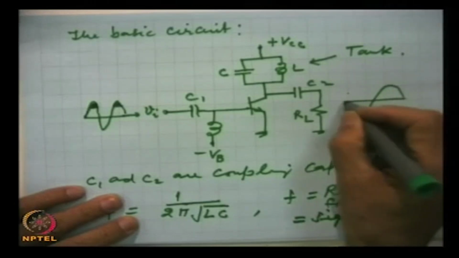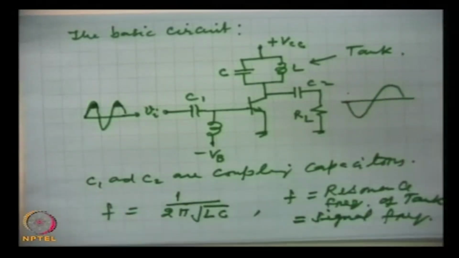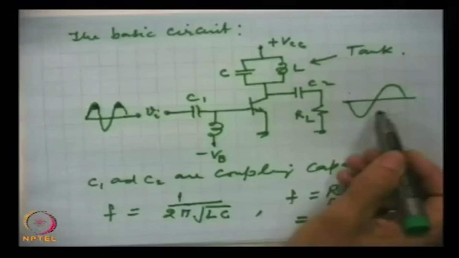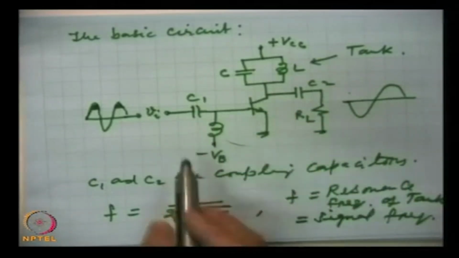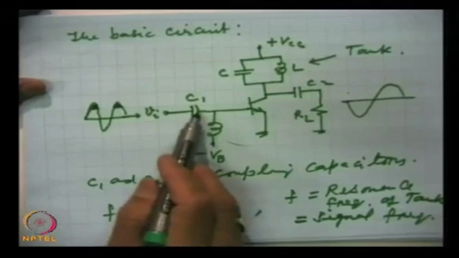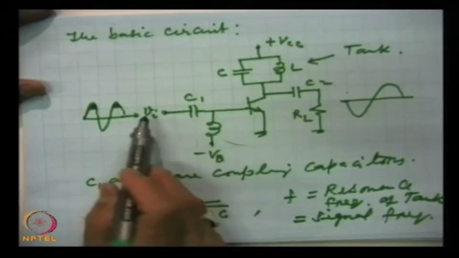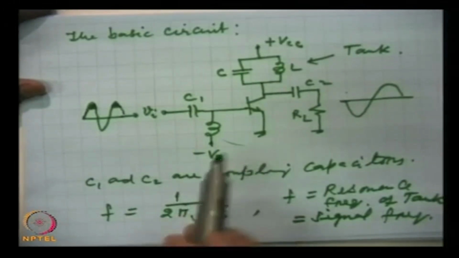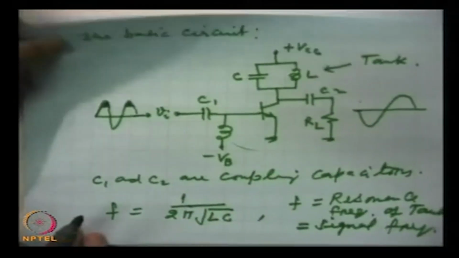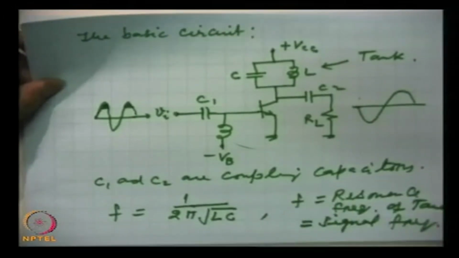You remember that in the CE amplifier there was a phase reversal, so the phase reversal is obvious here too. This is a common emitter circuit, as I said, because we are feeding the input at the base with respect to ground, and we are taking output at the collector with respect to ground. So this way the continuous pulses will occur.